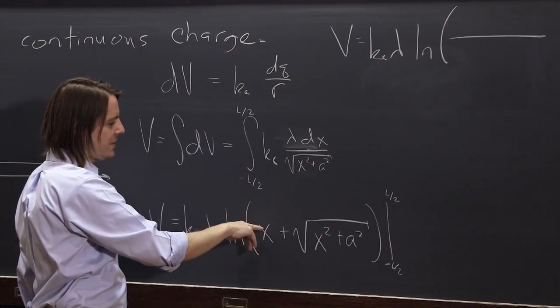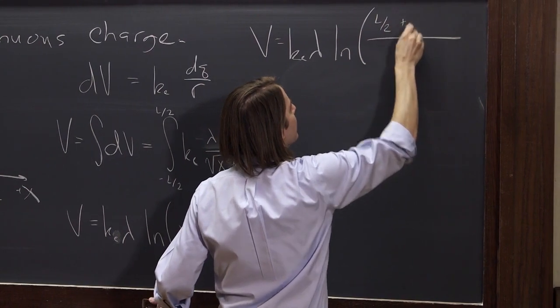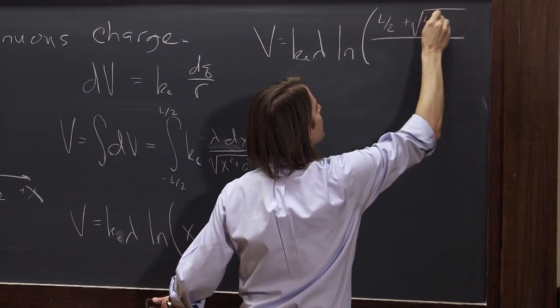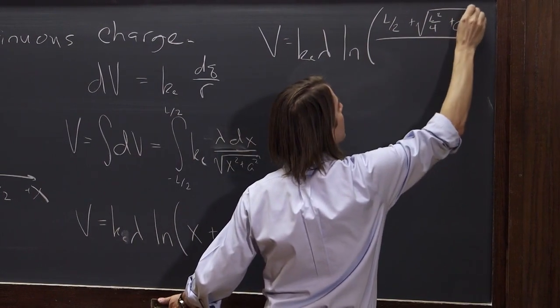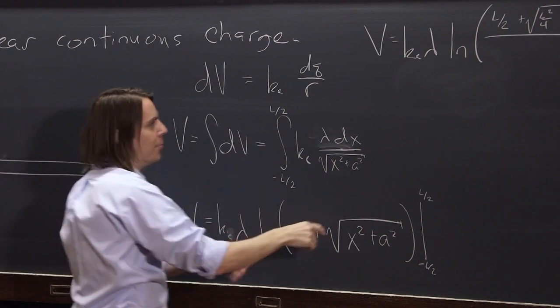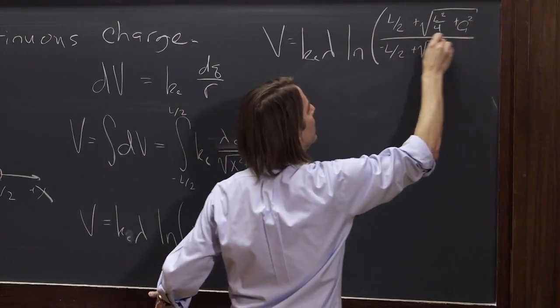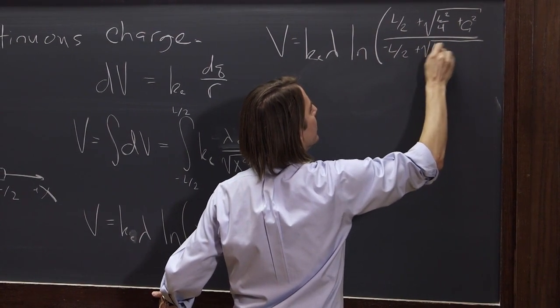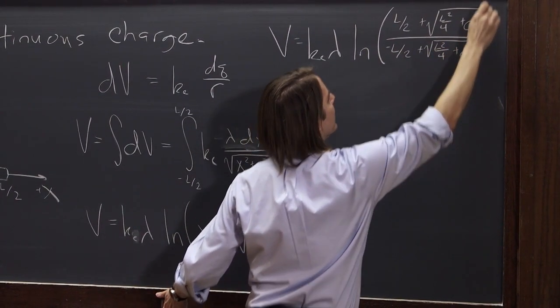We plug in: it's L over 2 plus the square root of L squared over 4 plus A squared, and minus, so it goes in the denominator, minus L over 2 plus the square root, and the minus also squares to L squared over 4 plus A squared, like that.